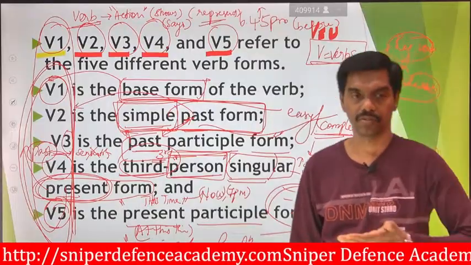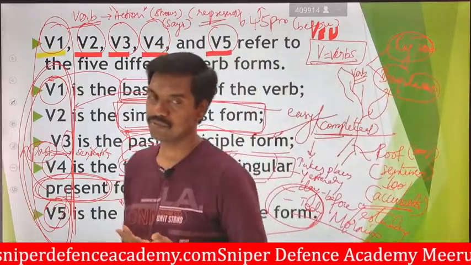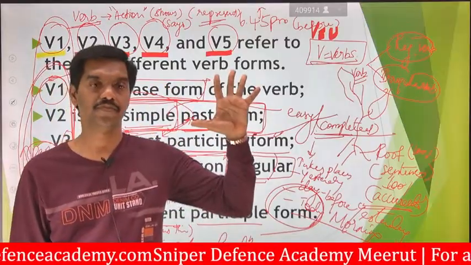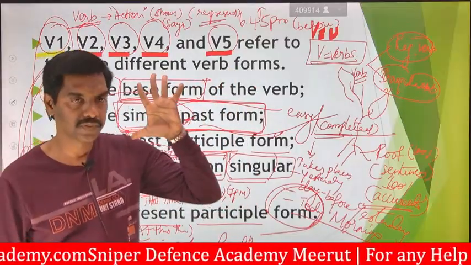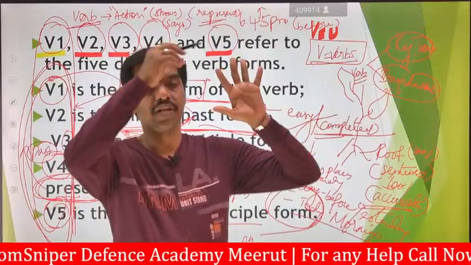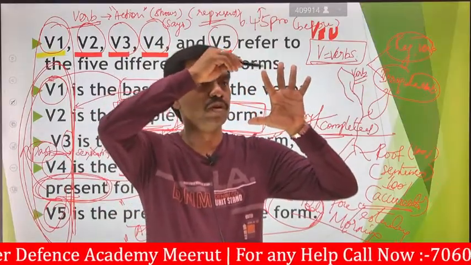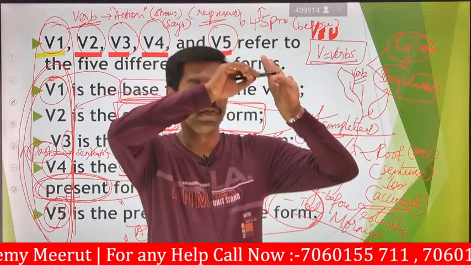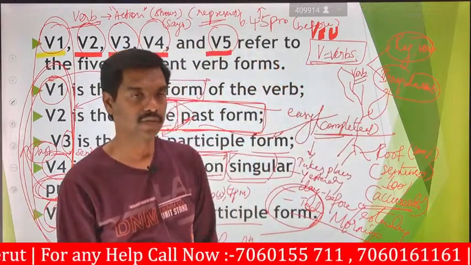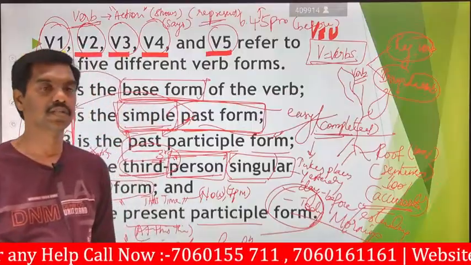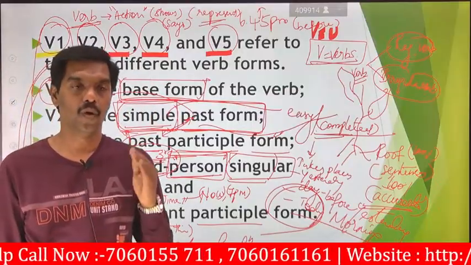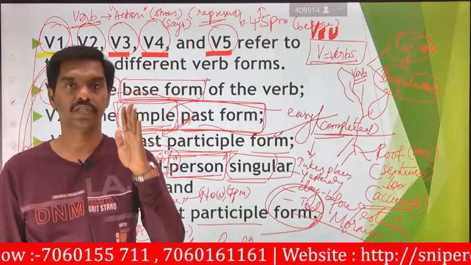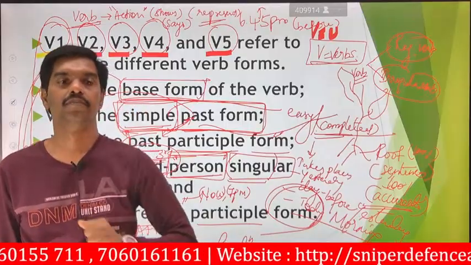What are the forms we have studied one by one? Five forms. Each and every verb will give action in different forms: V1, V2, V3, V4, and V5.